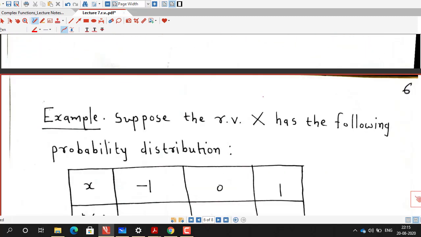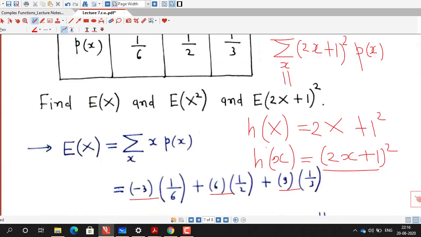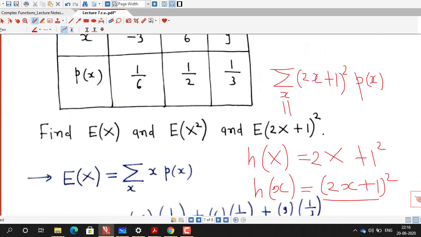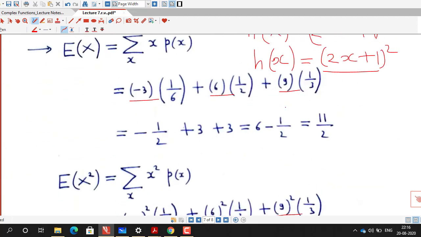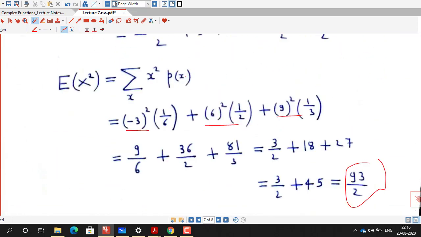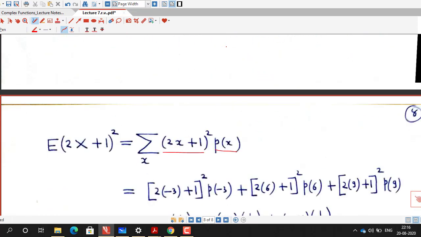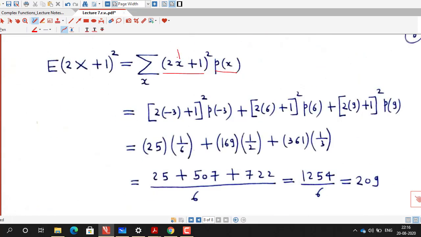Here h of x is nothing but (2x plus 1) whole square. Using that remark we are able to find this also: (2x plus 1) square into p of x. Now values of x are minus 3, 6 and 9. First we put x equal to minus 3: 2 into minus 3 plus 1, square, into p of minus 3.